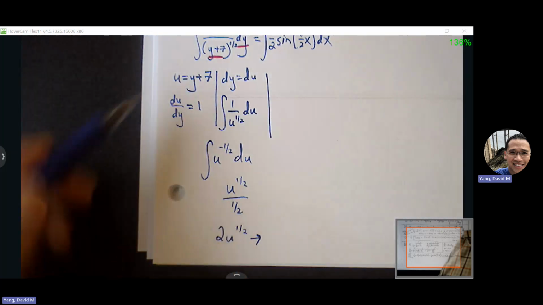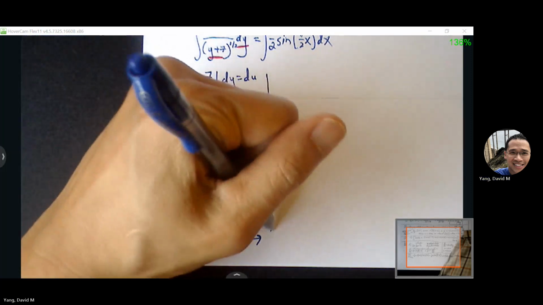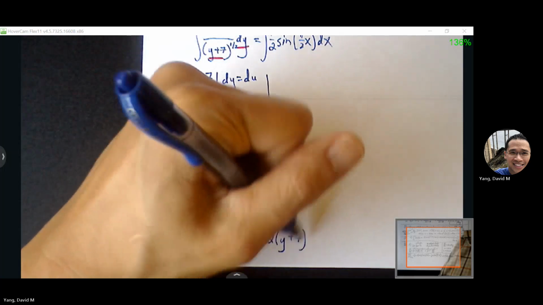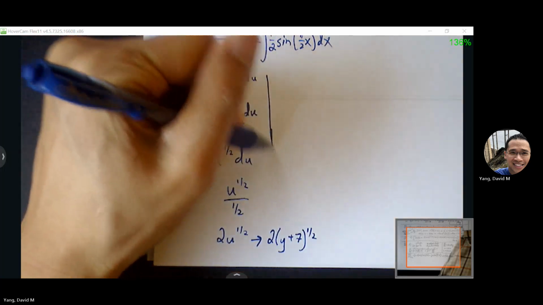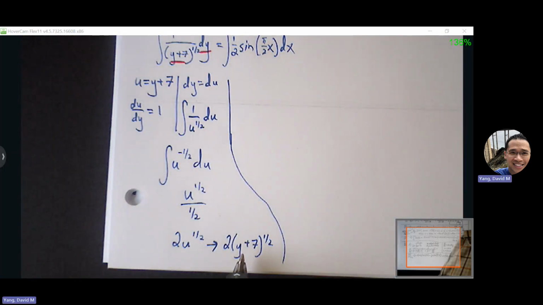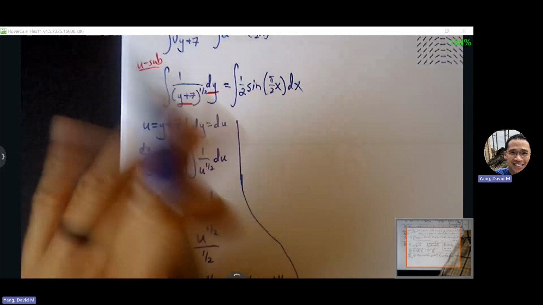We're done with the calculus, and now we can bring back the variable y. Okay, so we can come back to that once we get that right side to the same level as this, but the right side still requires u substitution.